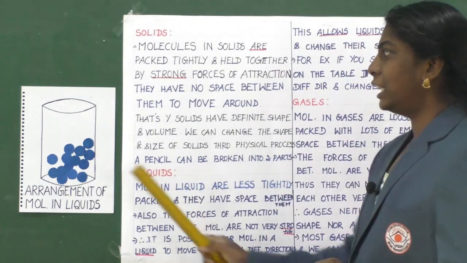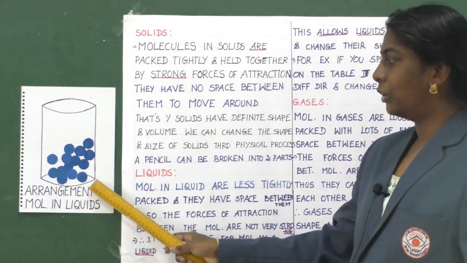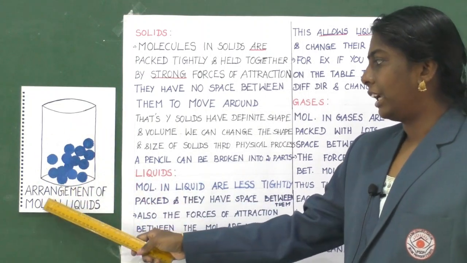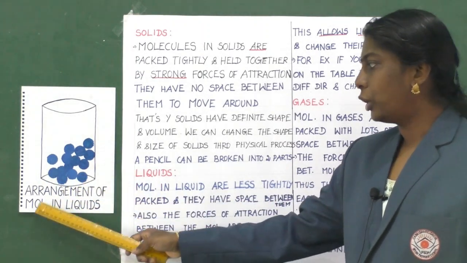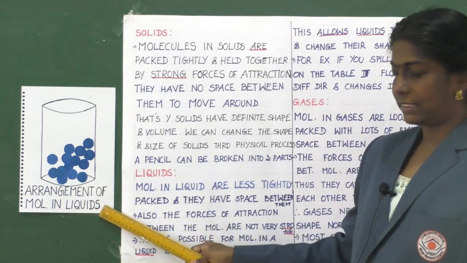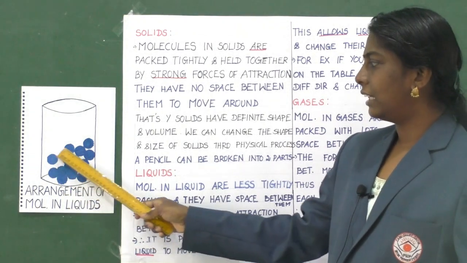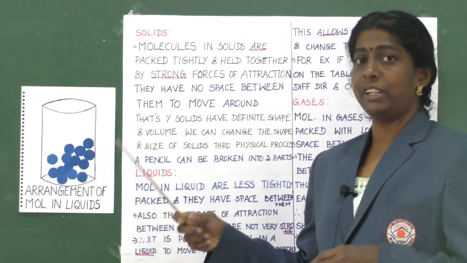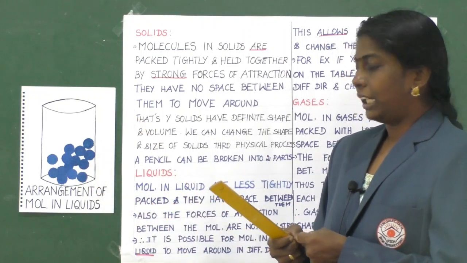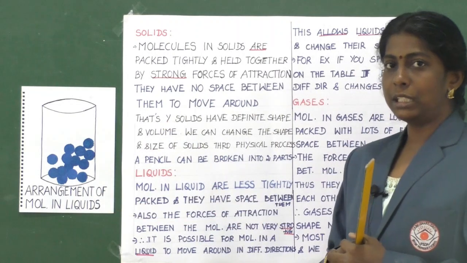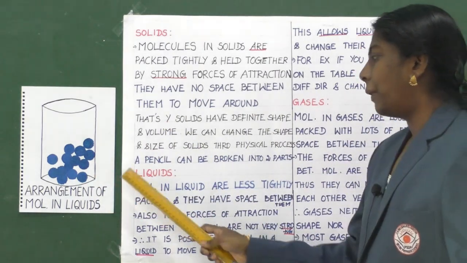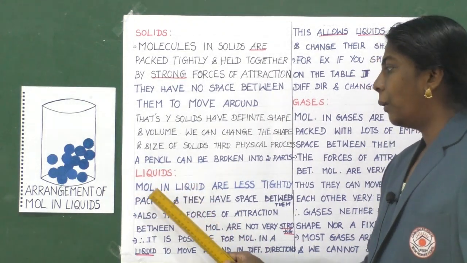So you can see the picture. Here they have described the arrangement of molecules in liquids. We cannot say it is very tightly held together, nor is it very loosely packed either. Is it not? Yes. Now, about liquids.